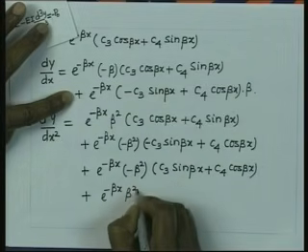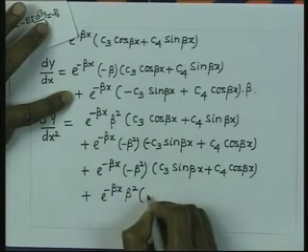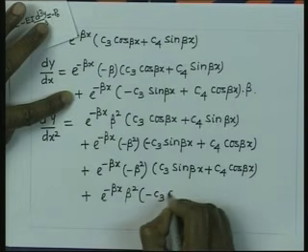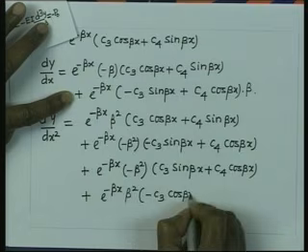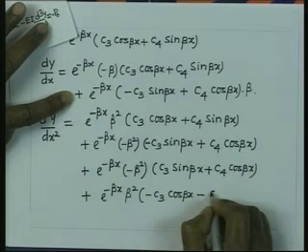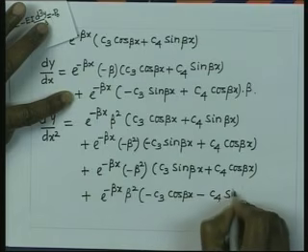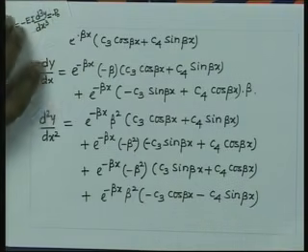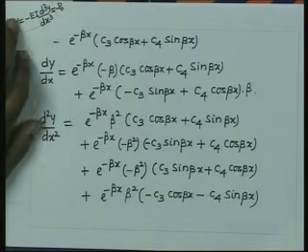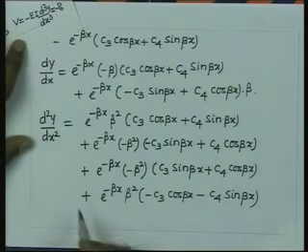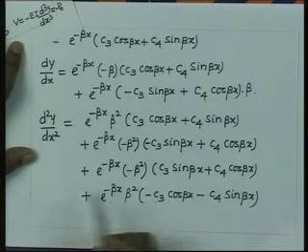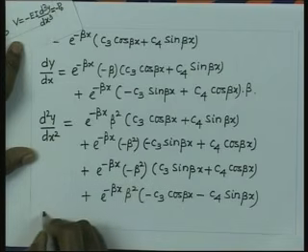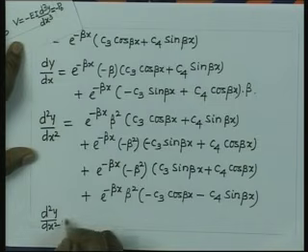It will give us beta square minus C3 cosine beta x minus C4 sin beta x. Sorry.